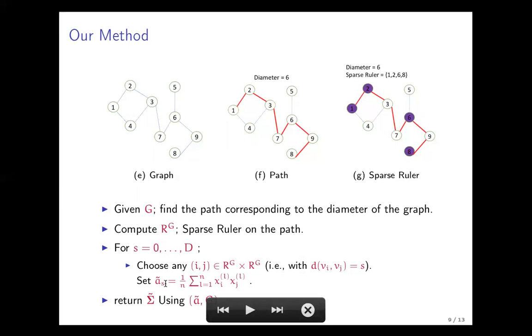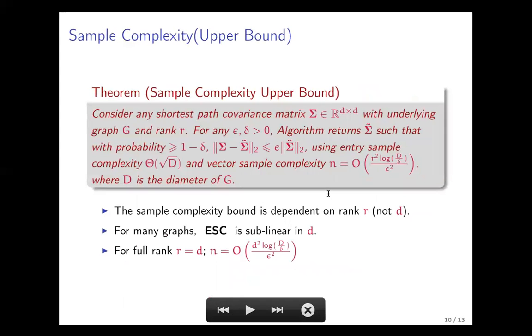For each shortest path distance S, for each sample L, you take the product of xi times xj, where i and j are S distance away in the corresponding graph, and you take a sample average of that, which is a good unbiased estimate of the term A_S. After A tilde S is estimated, given the graph G, you can construct a sigma tilde. Later, by this algorithm, we prove a sample complexity upper bound.